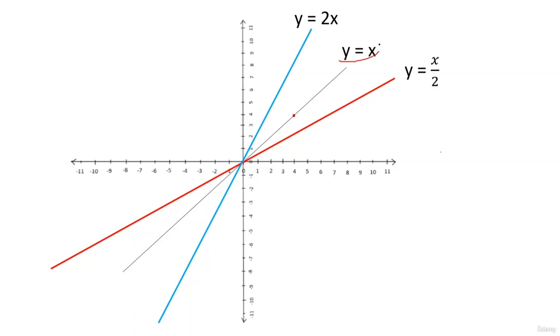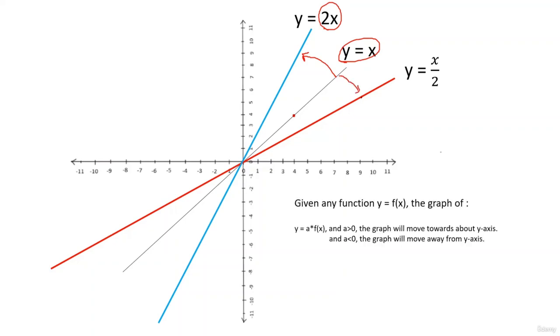When you have y is equal to x, okay, when you multiplied this with 2, the graph basically moved towards the y-axis, right? Similarly, if you divide this with 2 or if you multiply it with half, the graph moved away from the y-axis, isn't it? Okay, so remember guys, always whenever you have a graph, given a function y is equal to f of x, the graph of y is equal to a times f of x will change.